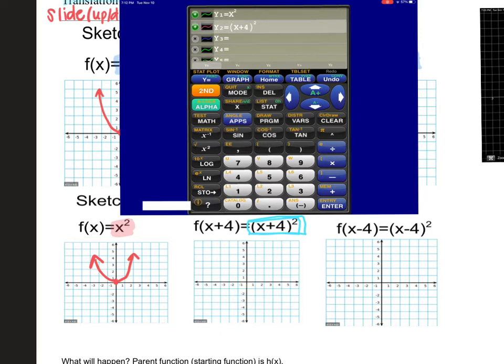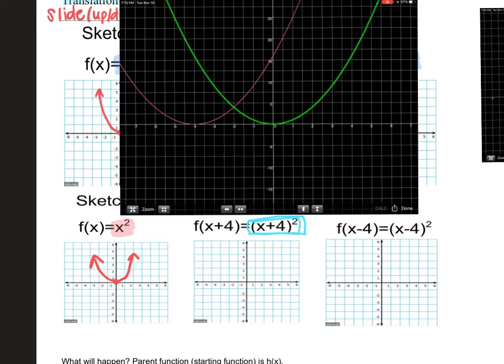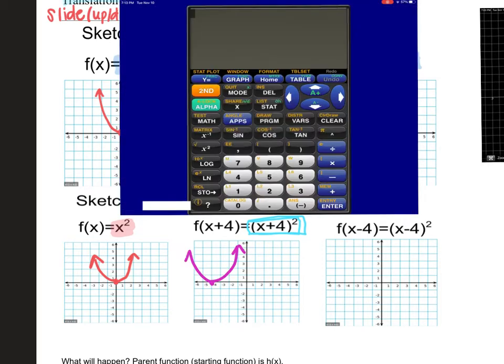Let's hit graph, and this line's pink, and it looks like we started at 0, 0, and that key point went left 4. So we're left 4, and it still looks like a U.